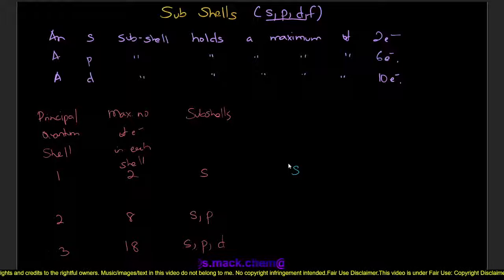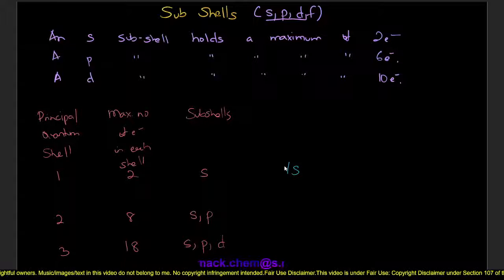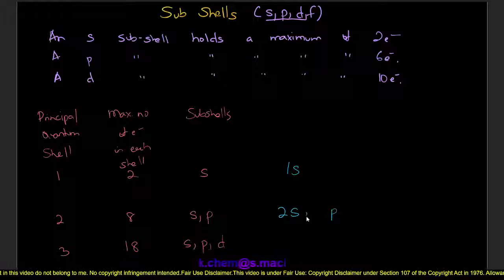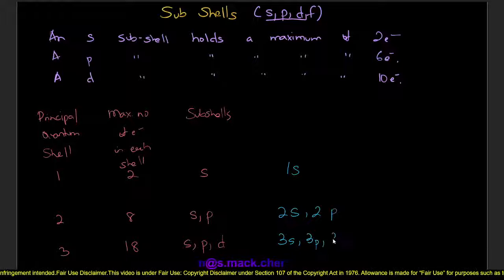So for example, the subshell found in the first shell is called 1s. If we have an S and a P subshell in the second level, it will be called 2s and 2p. Can you name the subshells found in the third shell? Yes, it's called 3s, 3p, and 3d.